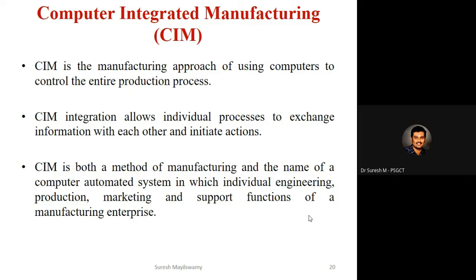CIM is both a method of manufacturing and the name of a computer automated system in which the individual engineering, production, marketing, and support functions of a manufacturing enterprise are integrated. That's why I said CIM is an integration of CAD, CAM, and business functions. We will see it in the CIM wheel.